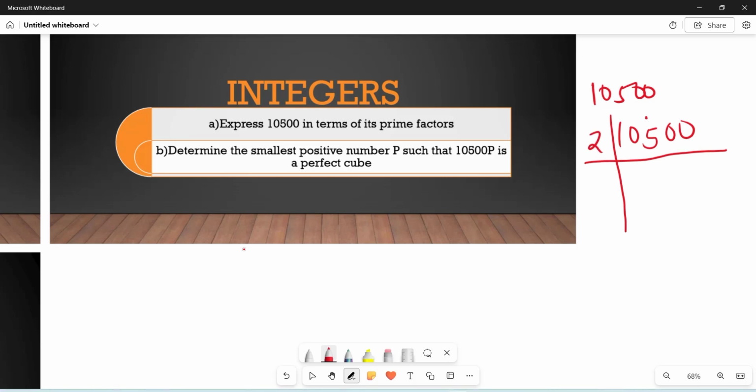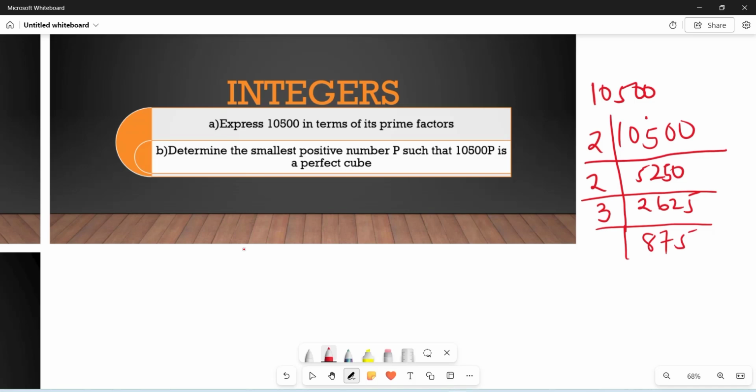If you divide 10,500 by 2, we get 5250, and then divide by 2, we get 2625. At this point we can no longer divide by 2, so we go to the next prime number, which is 3.